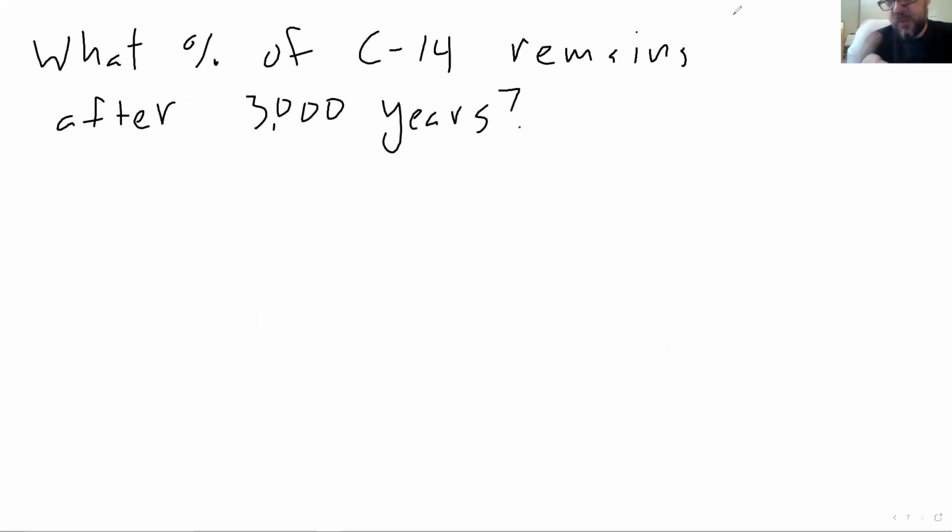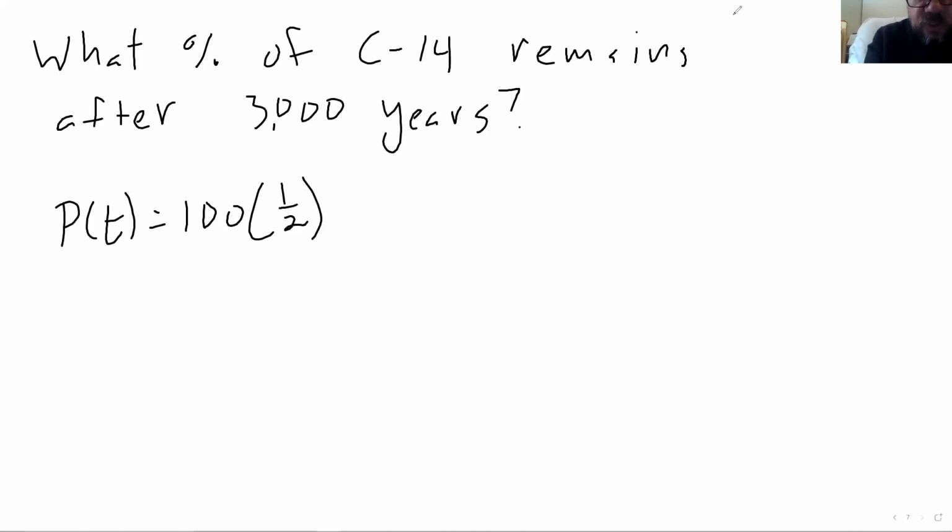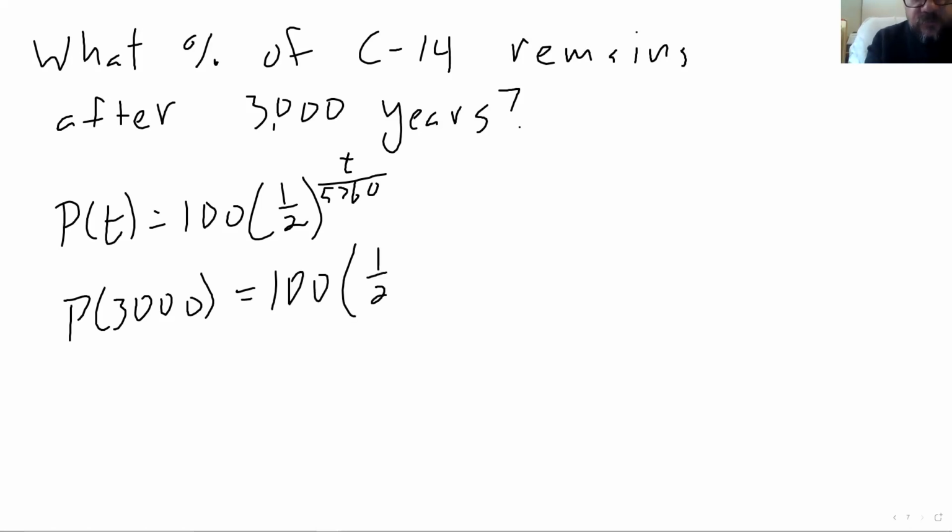All right, well, I'm doing the percent version, so I'm going to say that P of T is 100 times 1/2 to the T over 5760, where T is the number of years. So what I've got here is that P of 3,000 is 100 times 1/2 to the 3,000 over 5760.